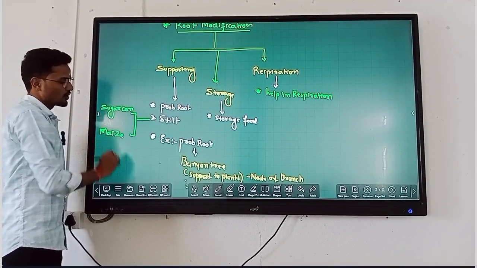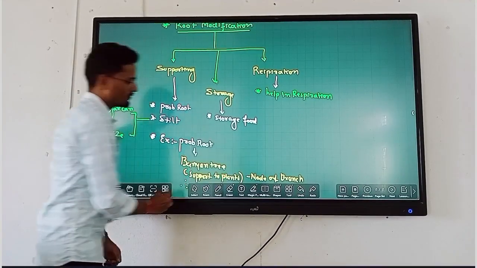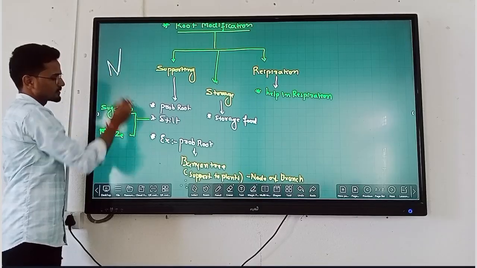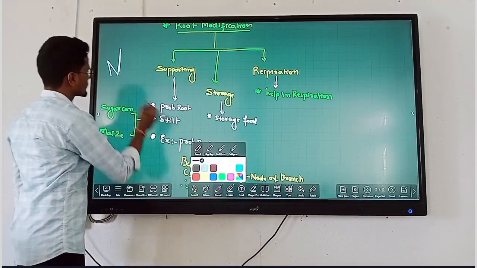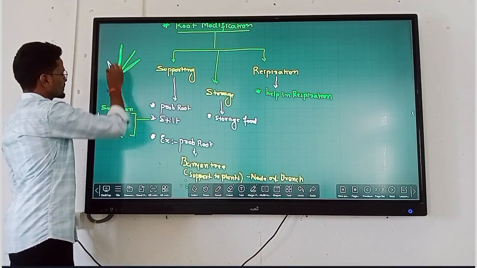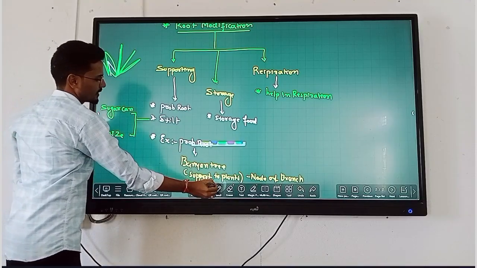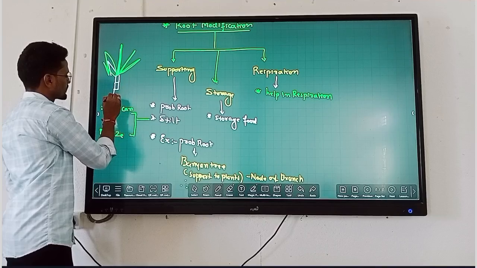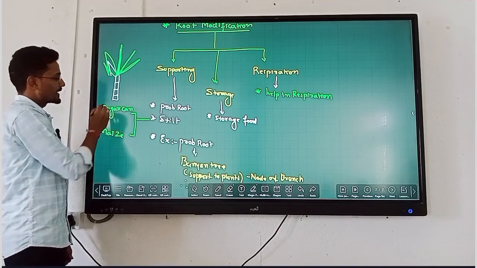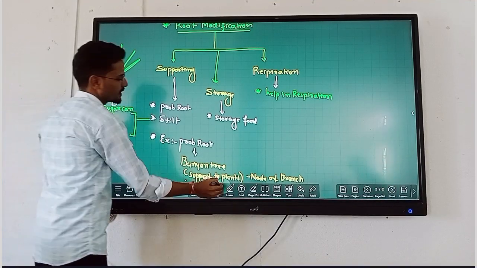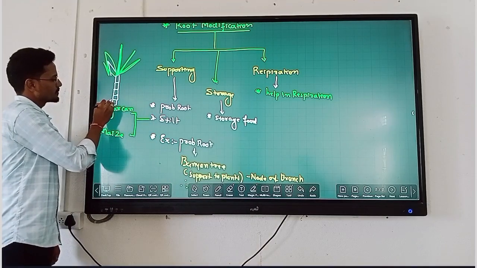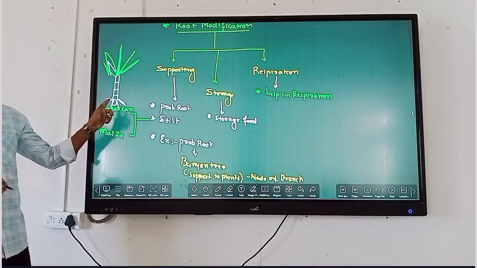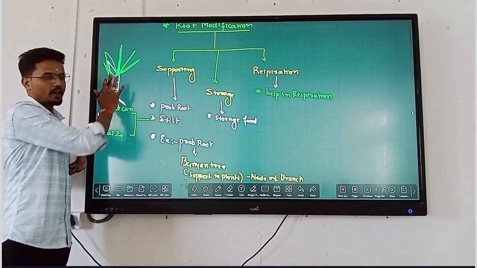All of you have seen in a crop field, the sugarcane usually has a structure like this, which has a stem, node and internode. At a bottom node of the stem, it forms roots which penetrate the soil, which gives support to the whole plant.